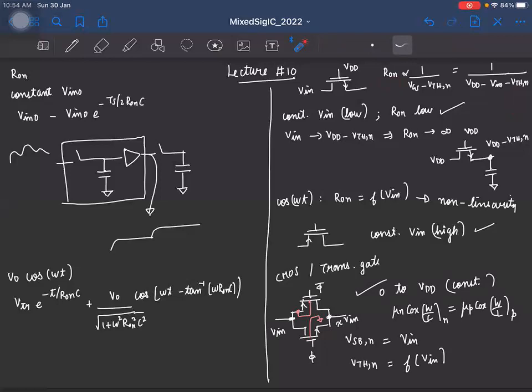Okay. So the bottom line is that the CMOS switch will still have nonlinearity for a time varying input, even if you ensure this condition. And please notice that this nonlinearity is an issue only when we are dealing with this kind of a time varying signal.